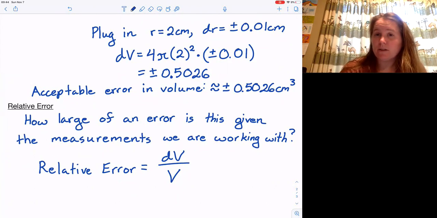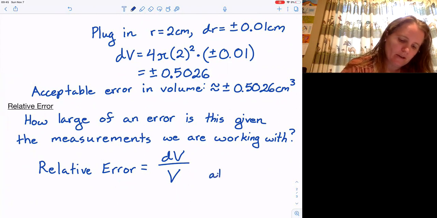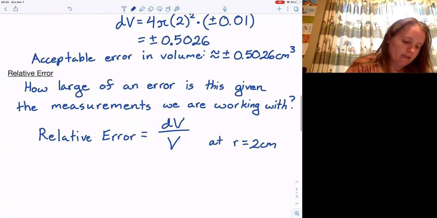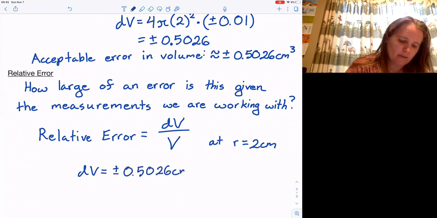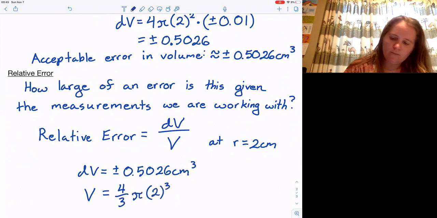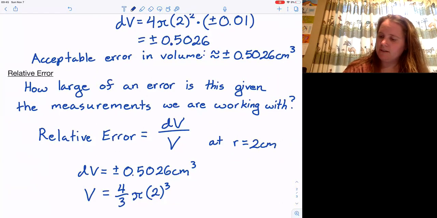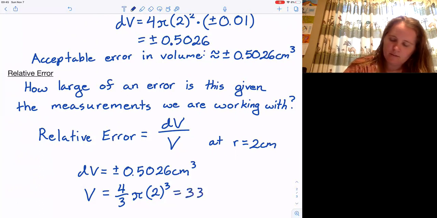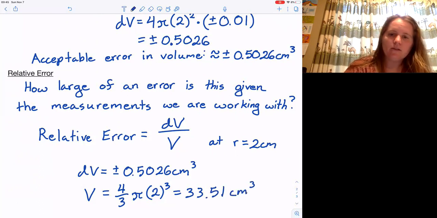So our measurement would be 2 centimeters. So at r equals 2 centimeters. So again, we found that dV was plus or minus 0.5026 cubic centimeters. V at r equals 2 will be 4/3 pi times 2 cubed, which is approximately 33.51 cubic centimeters.